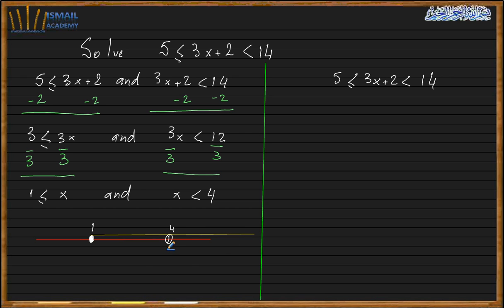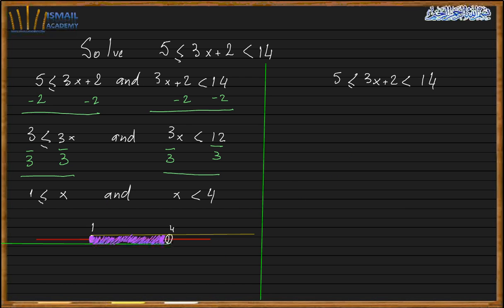And we have x is less than 4, so it's going to be on the left side. Now I shade the common solution, and this is the common solution. And this will be your solution for that inequality.